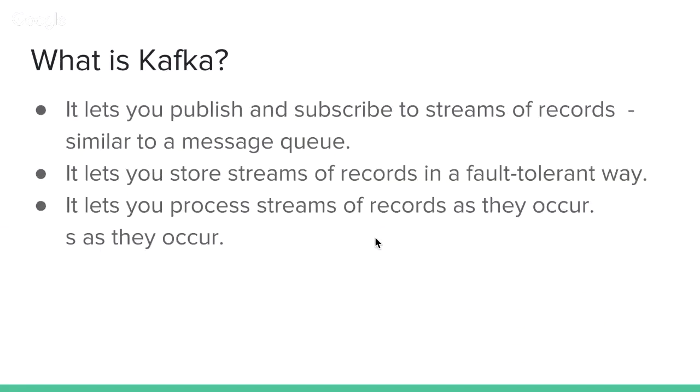So Kafka is a pub/sub technology. You may have heard of similar technologies like RabbitMQ, HornetQ, and some others. So Kafka is similar to that. It is a message queue. You basically send messages to something called a topic, and then someone subscribes to the same topic, and then they get the same message.